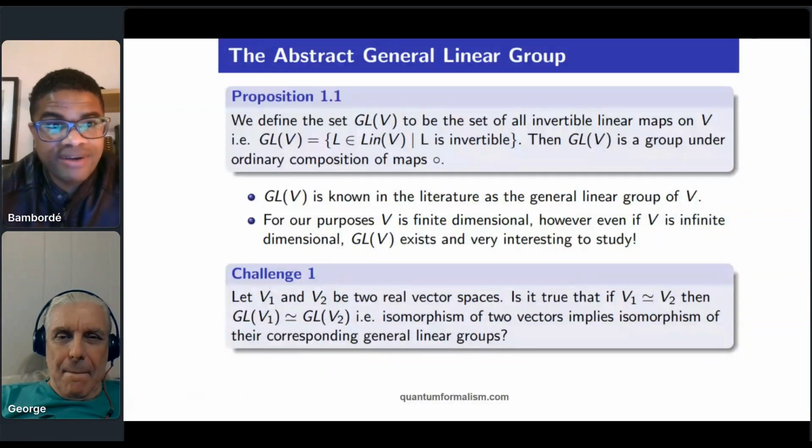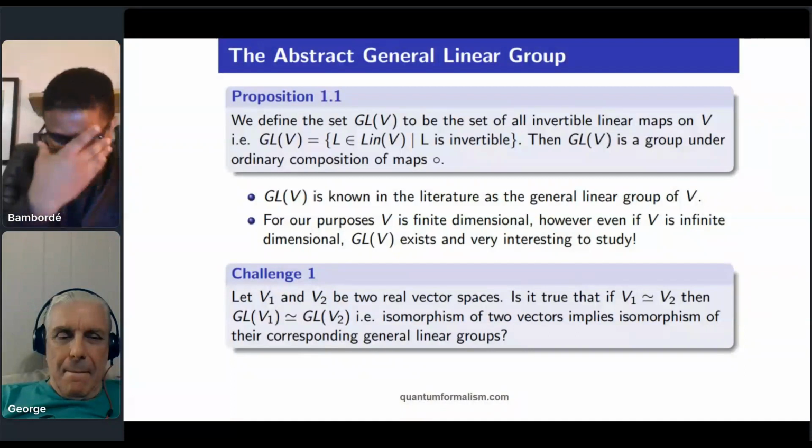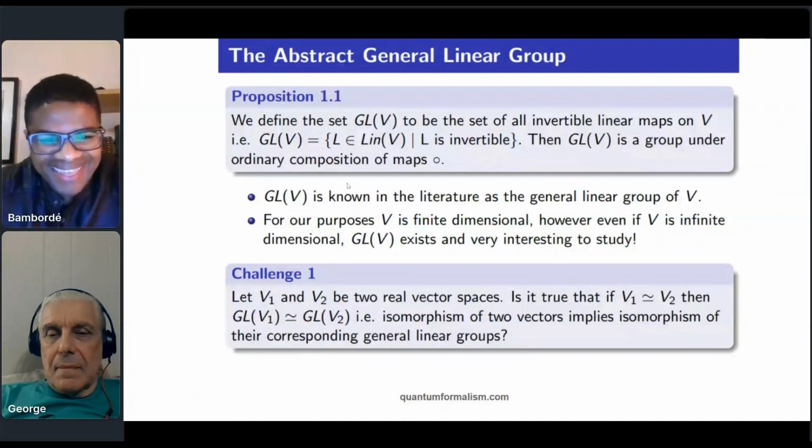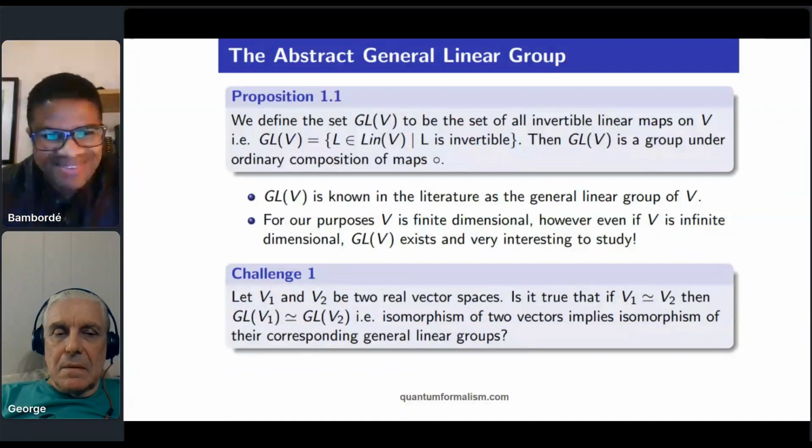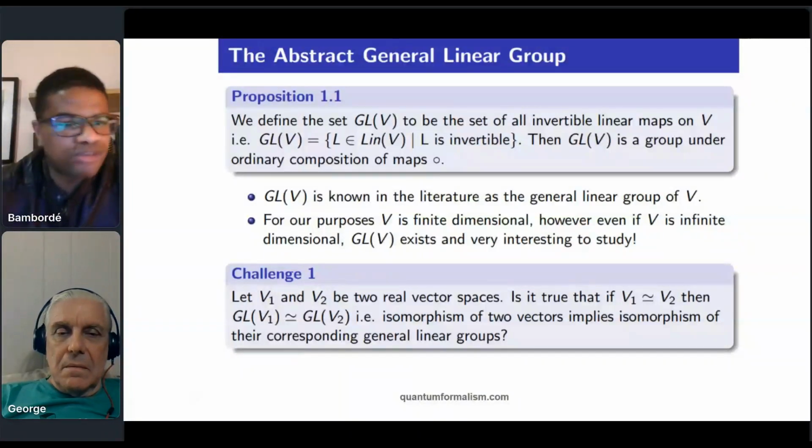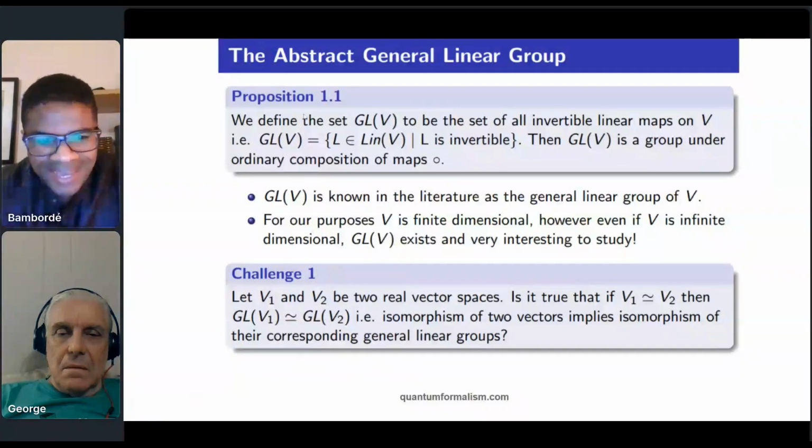In the infinite dimensional realm, things are very strange, because you have to take into account countability and uncountability. Anyway, let's stick with finite dimensional vector spaces.